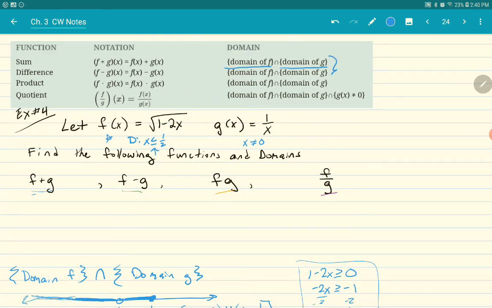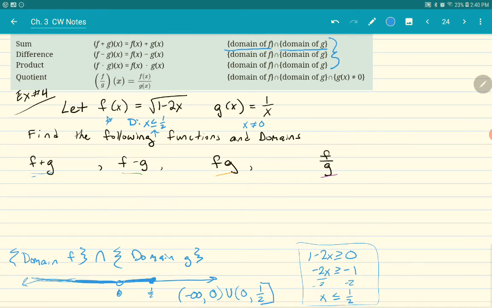So for these 3, when I intersect the domain of f and g, I get negative infinity to 0, and 0 to 1/2, including 1/2.